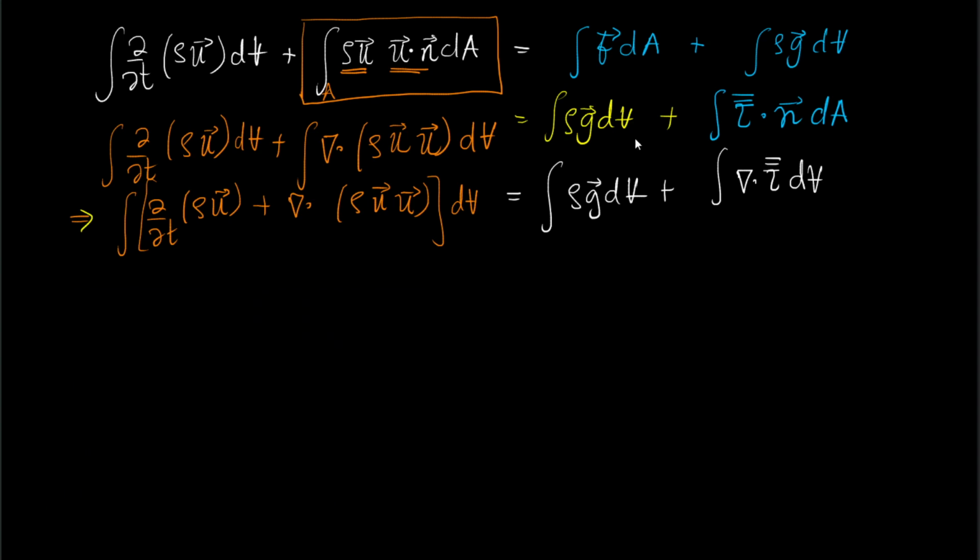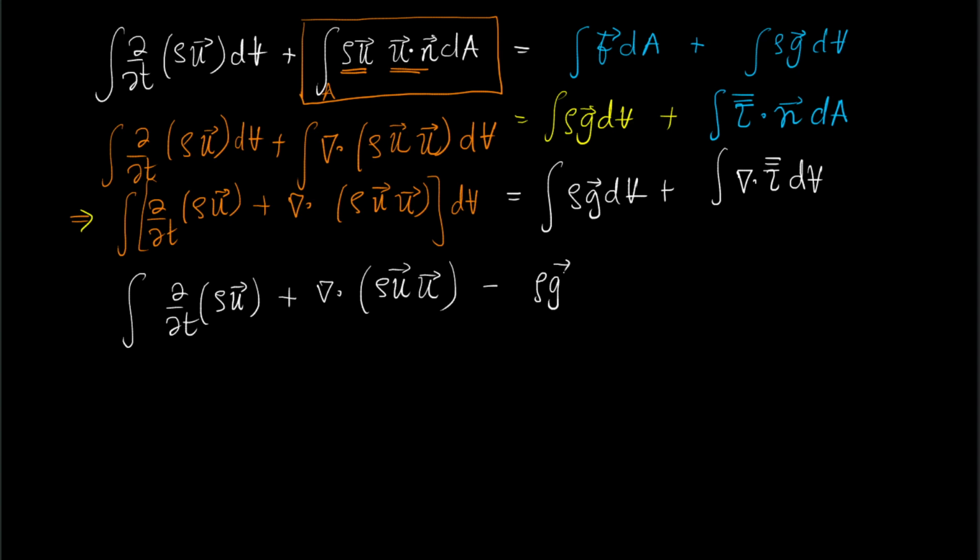So finally, if this is also true and this is also true, we can write down this entire expression in terms of a single volume integral. So it will be del t of rho u plus the divergence of rho u u minus rho g minus divergence of stress tensor integrated over the volume to be equal to 0.